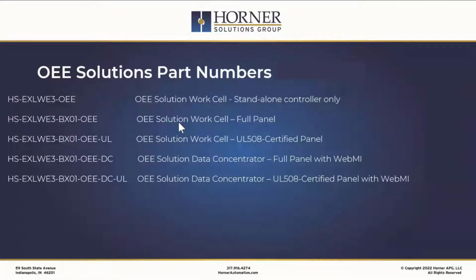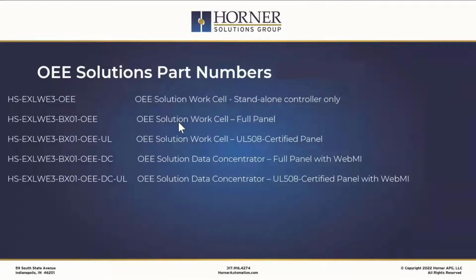The very top one is if somebody doesn't want the enclosure or the tower light, and all they want is the OCS controller, the EXLW, and the software program in it. This is what the part number would be for that. Then we have the full panel, which is a non-UL polycarbonate version. That does come with the tower light and everything else that we saw in the pictures.